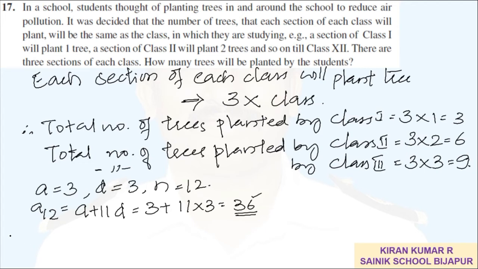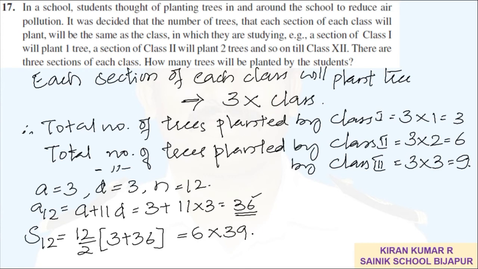So the total number of trees planted will be the sum of the 12 terms, which is 12 by 2 times (a plus an). We get it as 12 by 2, which is 6, multiplied by 39, 234 trees are planted.